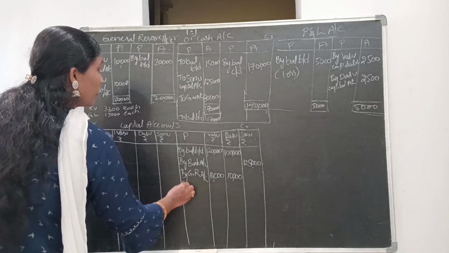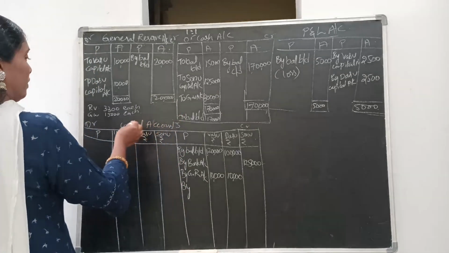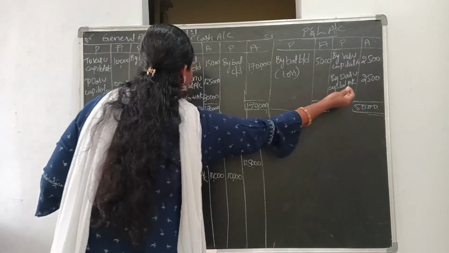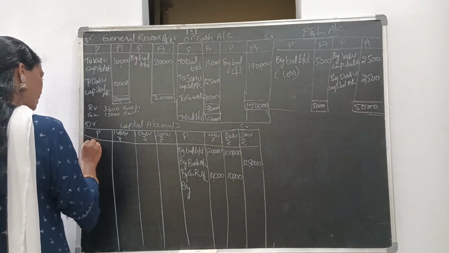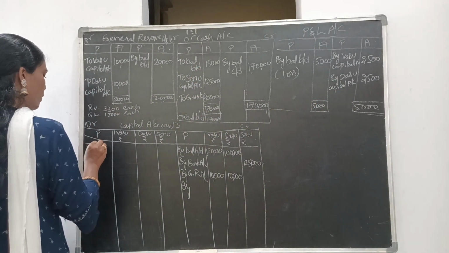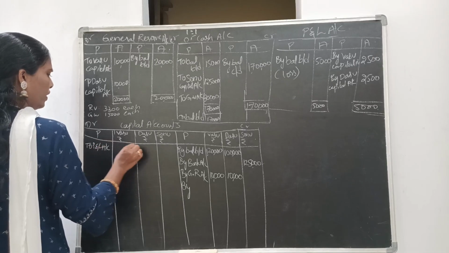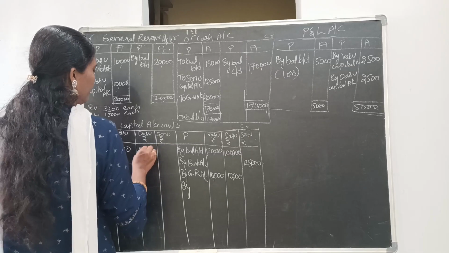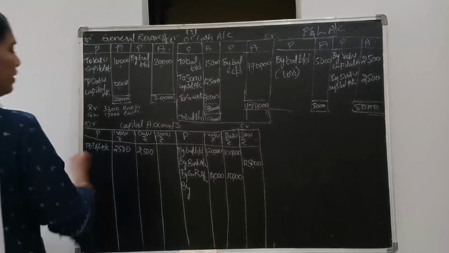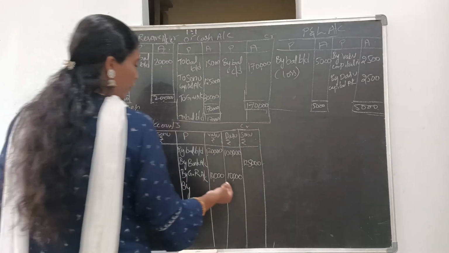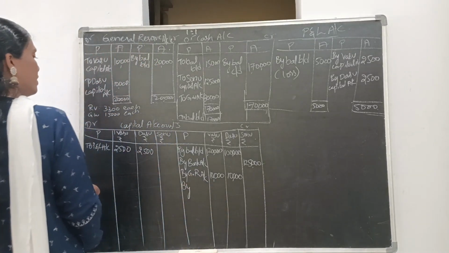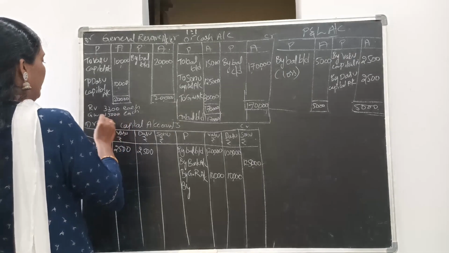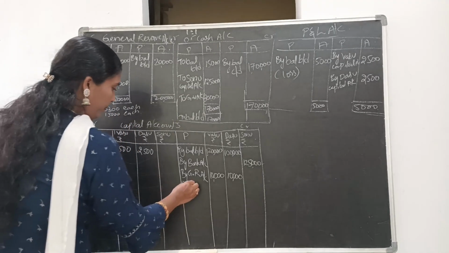Next, profit and loss. This is on the right side, so I am going to post this on the left side. So profit and loss account 2,500 and 2,500. This is a loss, so we are posting on the opposite side. If it is a profit, credit side; loss, debit side. So next, revaluation.